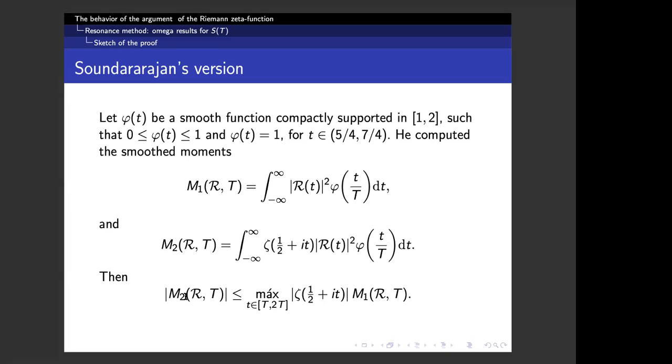You have the absolute value of M2 over M1, and you want to optimize this ratio over all Dirichlet polynomials that are the resonators. So Soundararajan solved this problem, and he could obtain lower bounds for the maximum of zeta. It was the idea of Soundararajan.